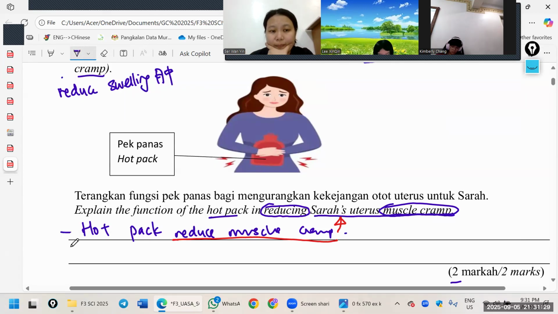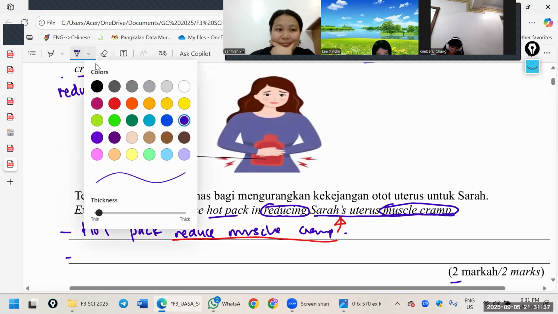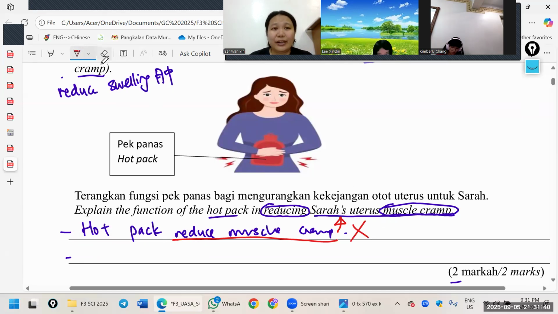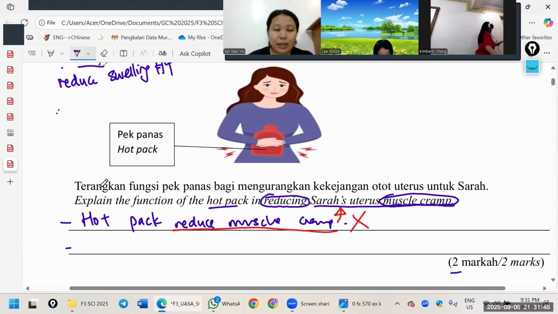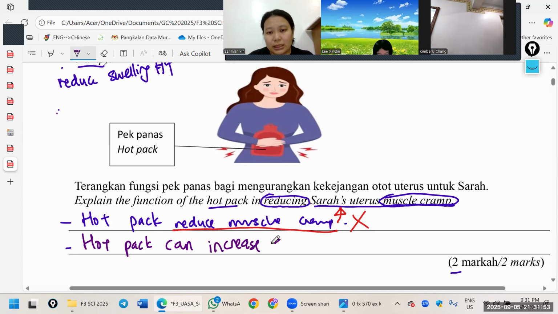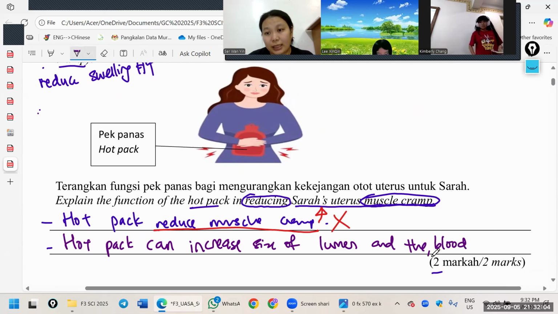Next, it can increase the size of the lumen and increase the rate of blood circulation. Yes, very good. So 1 mark is hot pack can increase the size of the lumen and the rate of blood flow.